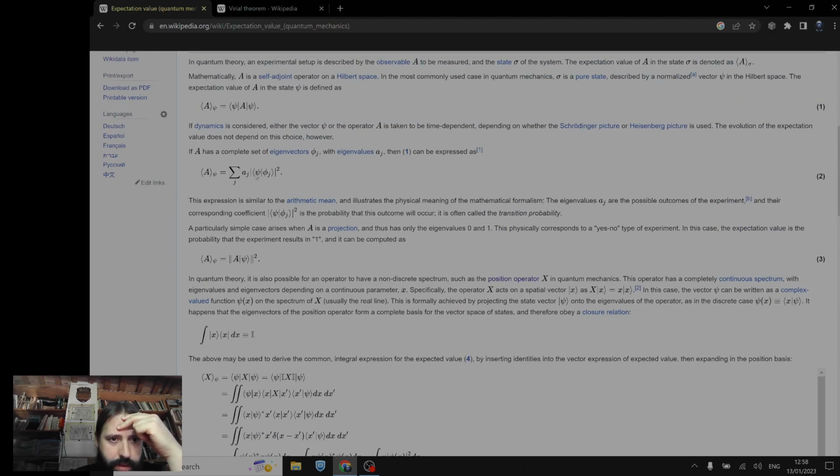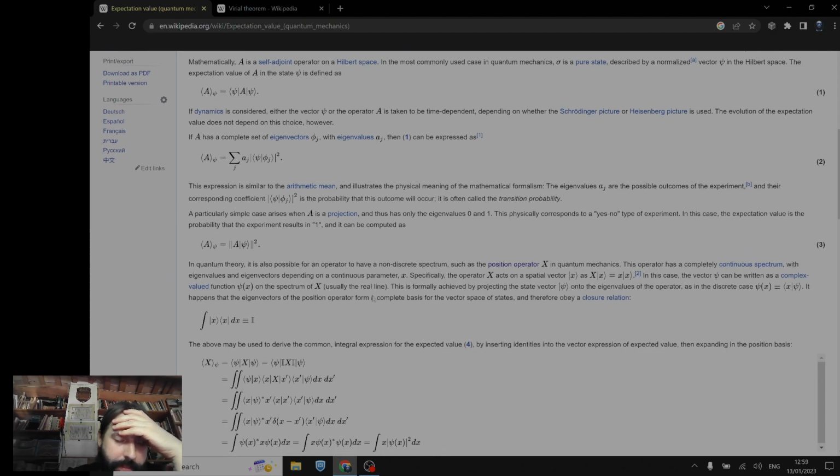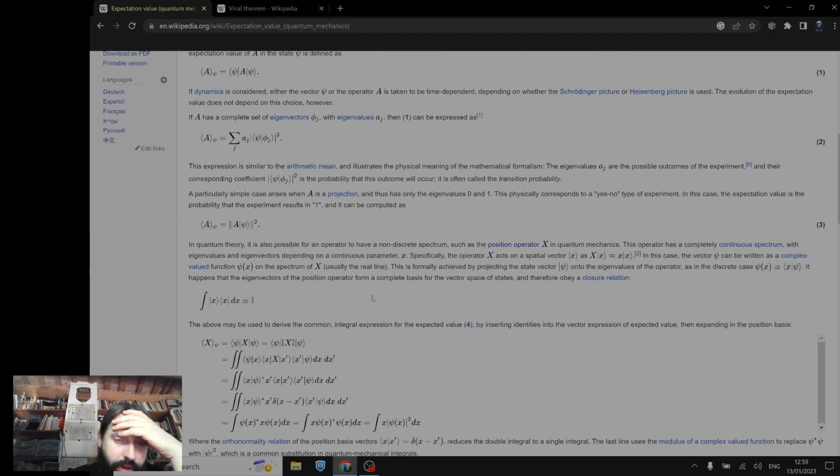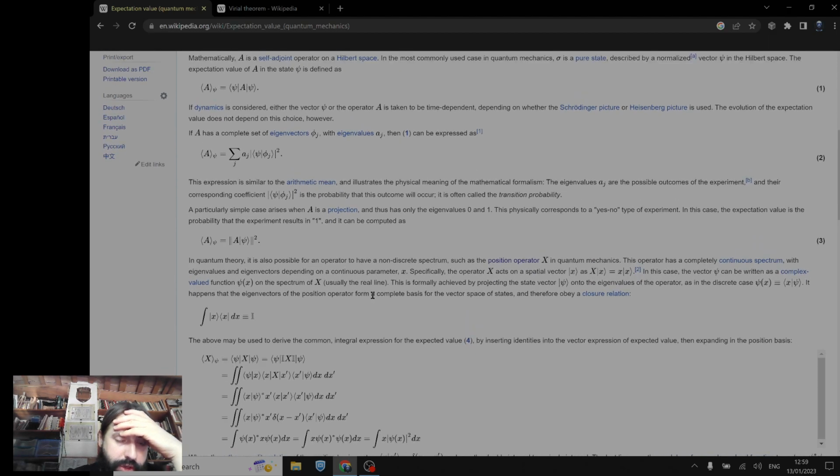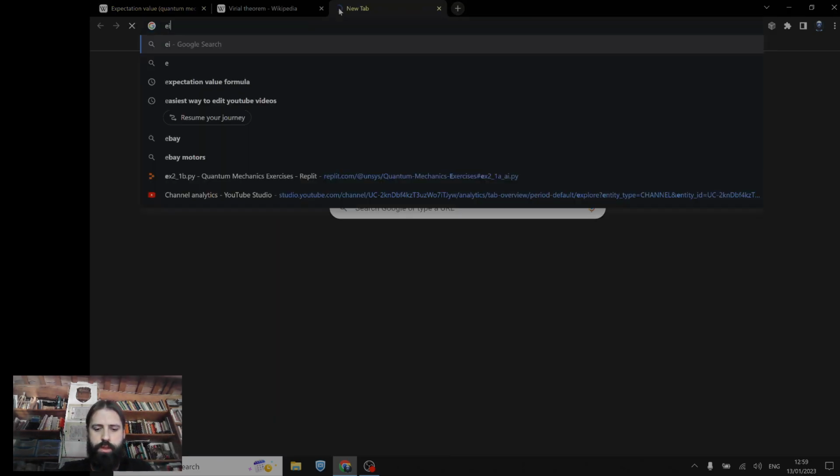There you go. If A has a complete set of eigenvectors and eigenvalues, and that's what you're doing, these are the eigenvalues. And in that case, X is also the eigenvalue, the eigenvalues of the position operator, I guess. It's just X, right?